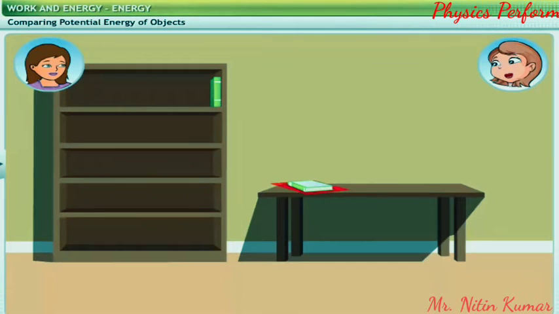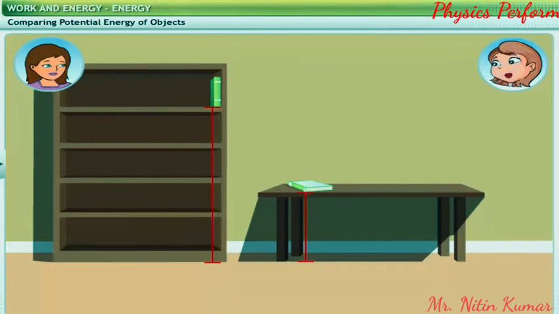Look at these two objects. A book on a table and a book on the top shelf of a cupboard. Which of these do you think has a higher potential energy? I would say the book on the top shelf of the cupboard. Correct.